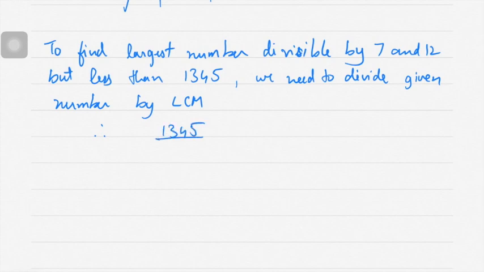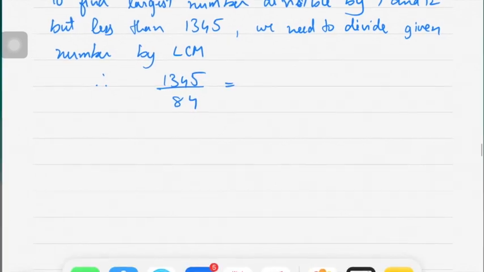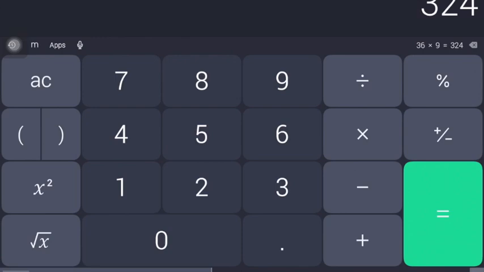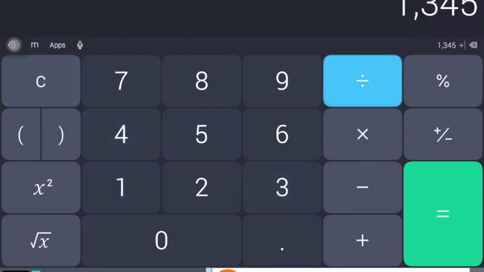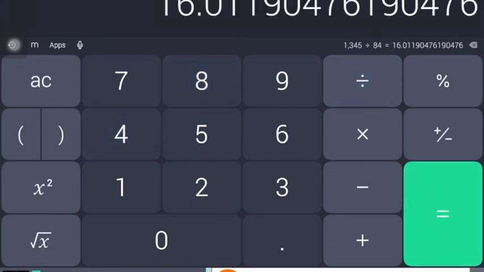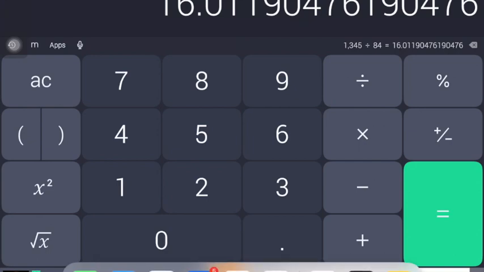Therefore, 1345 divided by 84. When you do 1345 divided by 84, you get 16.01.